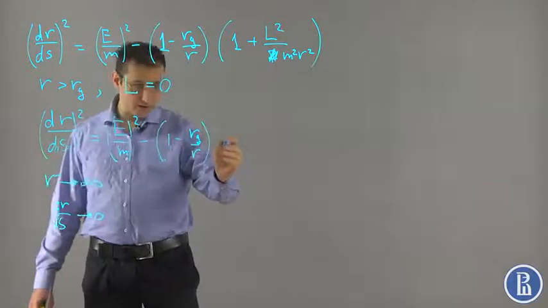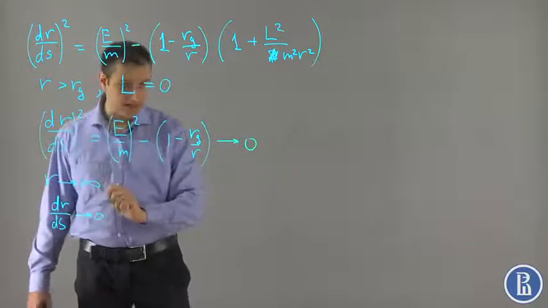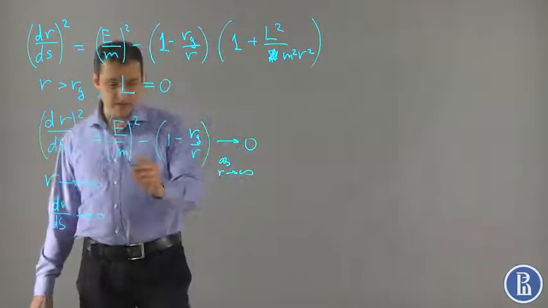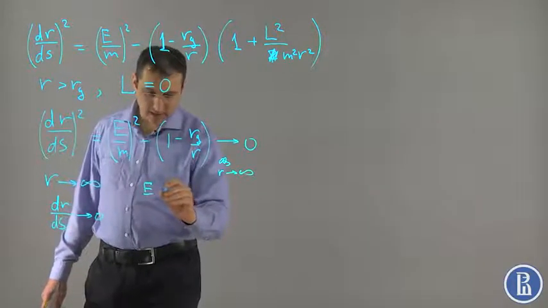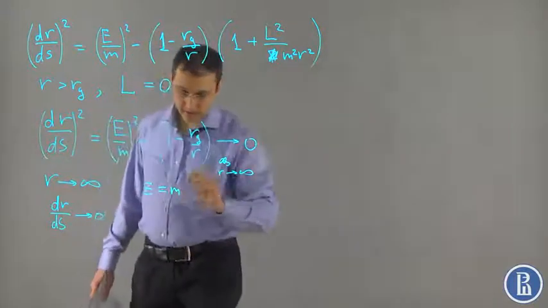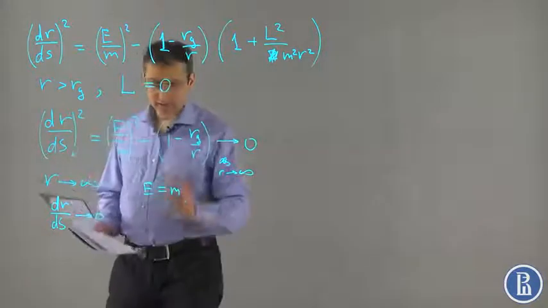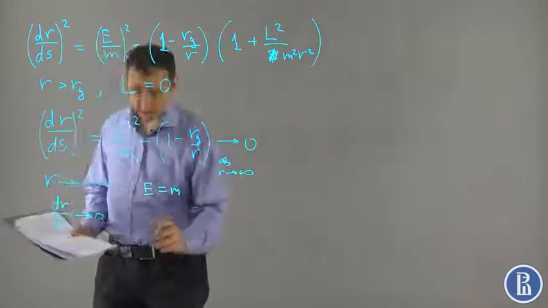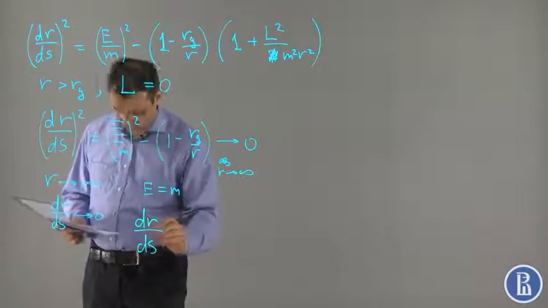From this fact, it means that E is equal to m, so the energy of the particle is just equal to its mass. As a result, this equation simplifies to the following one.